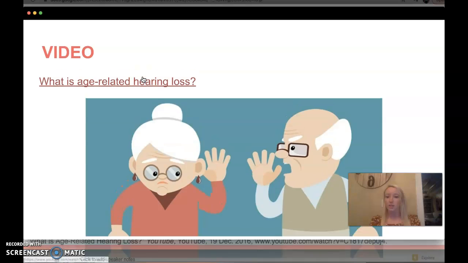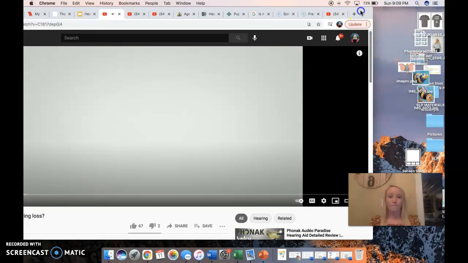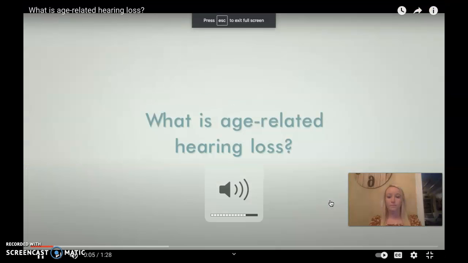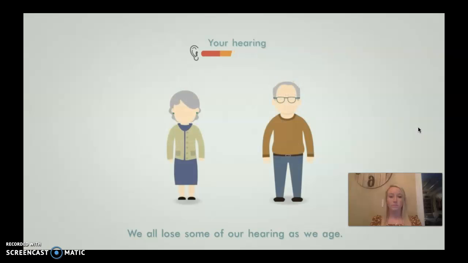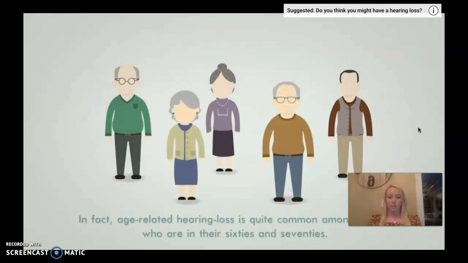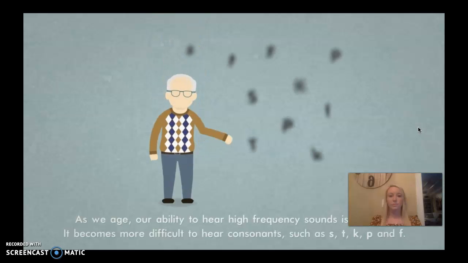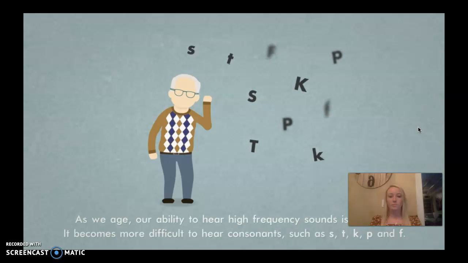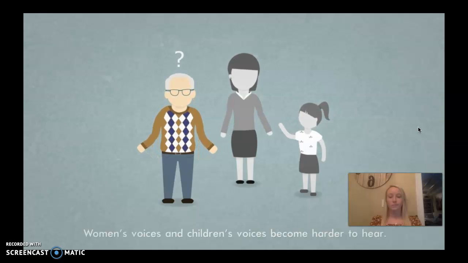What is age-related hearing loss? We all lose some of our hearing as we age. In fact, age-related hearing loss is quite common among people who are in their 60s and 70s. As we age, our ability to hear high-frequency sounds is reduced. It becomes more difficult to hear consonants such as S, T, K, P, and F. Women's voices and children's voices become harder to hear.